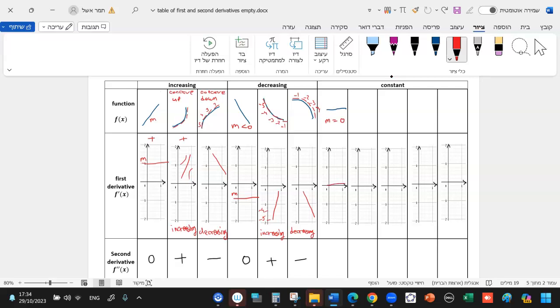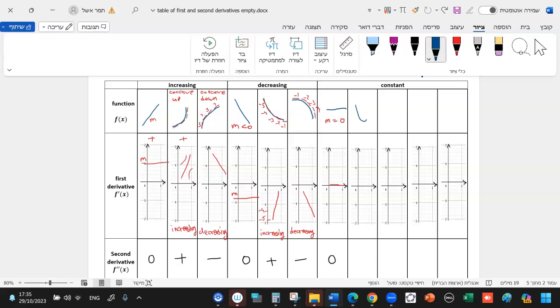So first derivative will be just 0. And of course, second derivative will also be 0. But sometimes you have a constant gradient, not along an interval, but at a certain point.